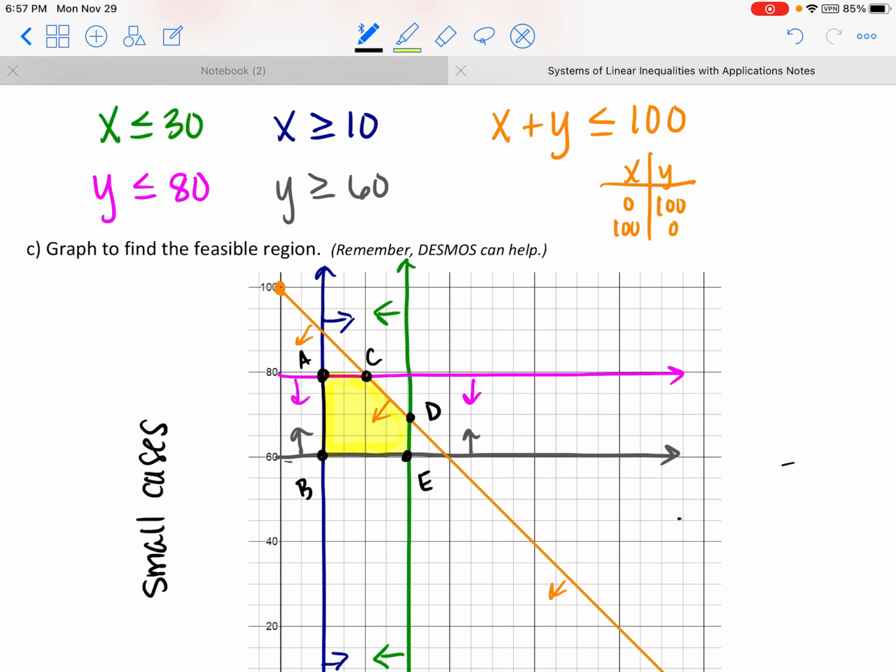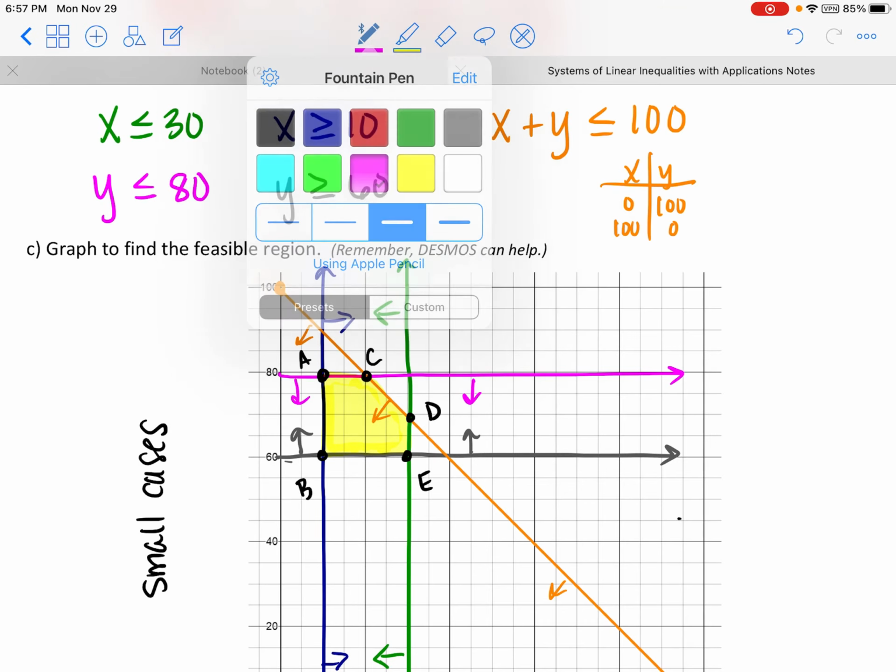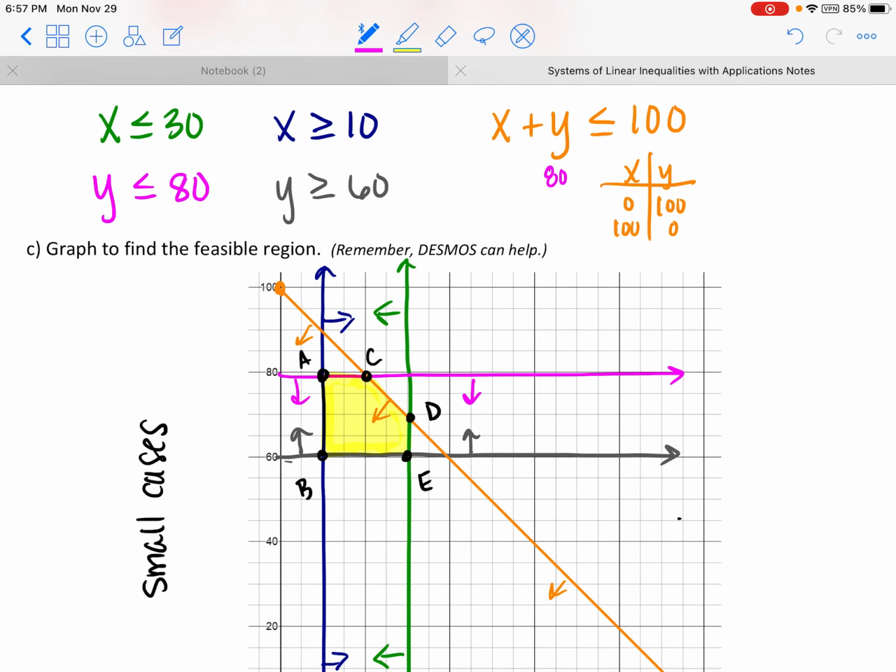Or maybe it is. My graph looks pretty good there. But I know that the y value at C is going to be 80 because it's part of that pink line. So if I know that y is 80, and I have to find the x that goes with it, it looks like it's going to be 20, and it happens to be because it's where it meets that particular line. So we're looking at 80 and 20.